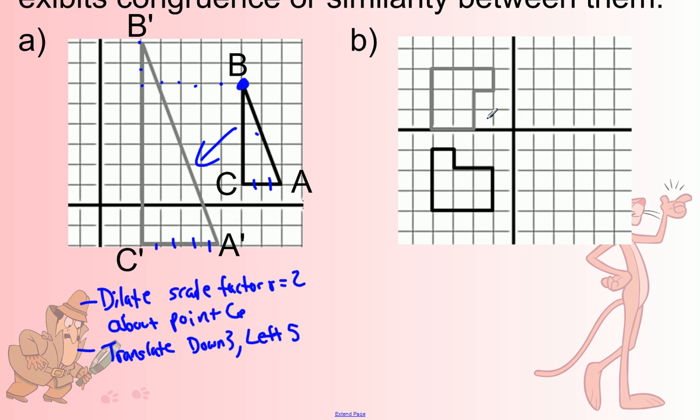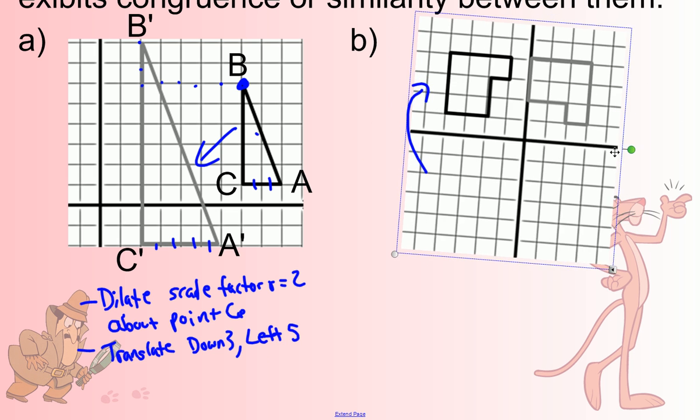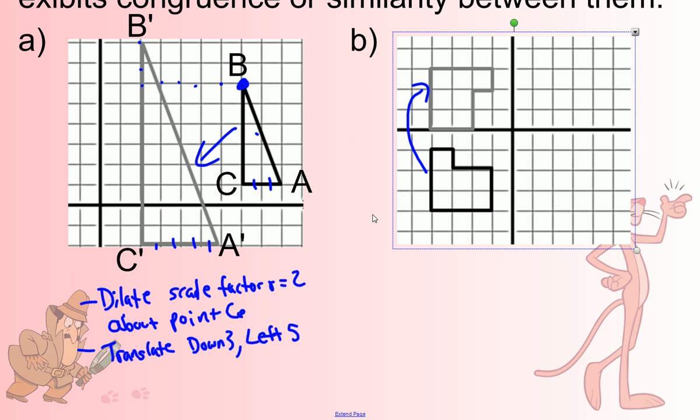Letter B. All right, so the first thing that I see is this to me looks like a rotation. If I would take this image, and I'm looking at this bottom shape here, and if I rotate it this way, it looks like that. That's pretty darn close to what this new image looks like.